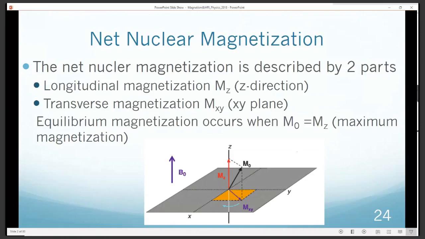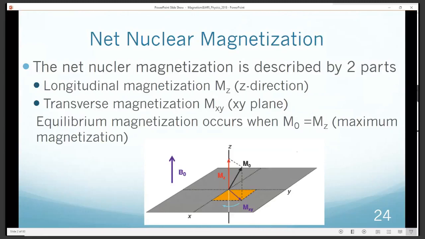So I've already demonstrated, but I haven't really explained, that the net nuclear magnetization is the sum of all the magnetic dipole moments of all the nuclei, and it's described in two parts. The longitudinal magnetization is what is established by imposing the large B0 magnetic field.